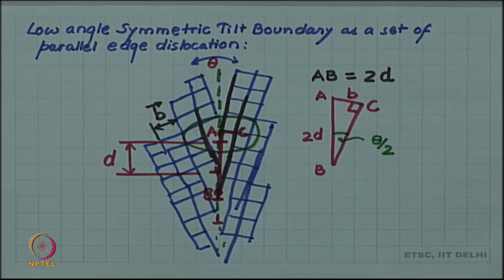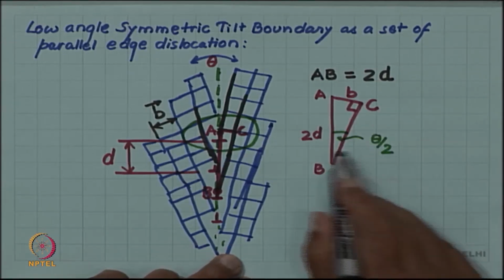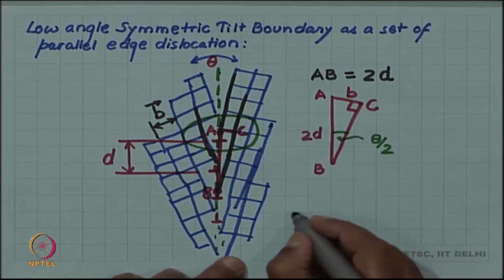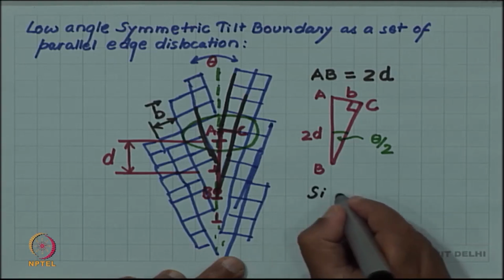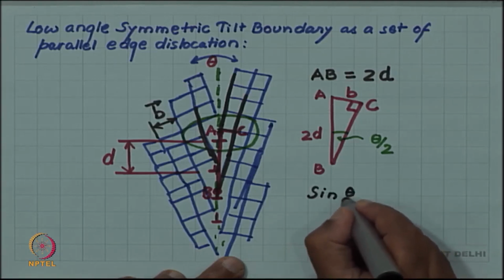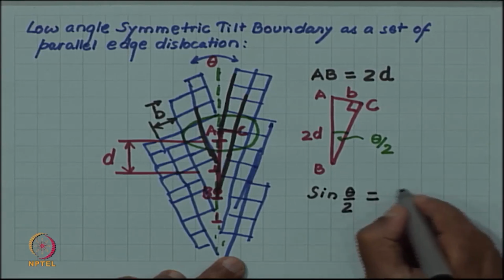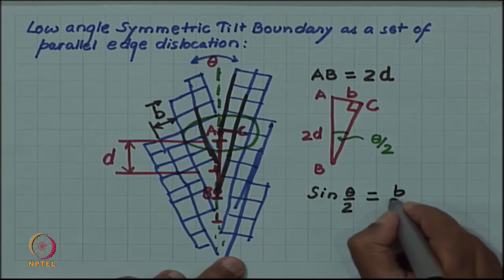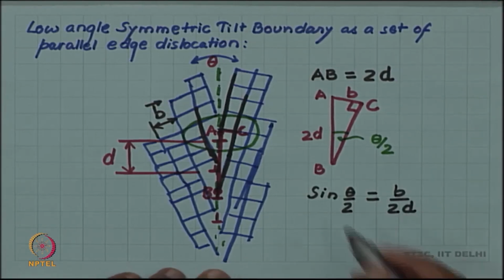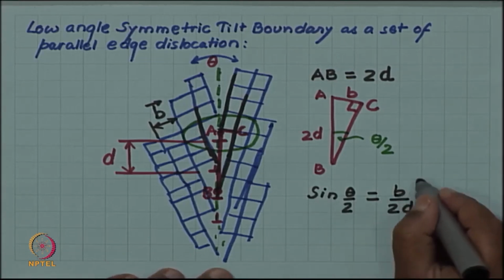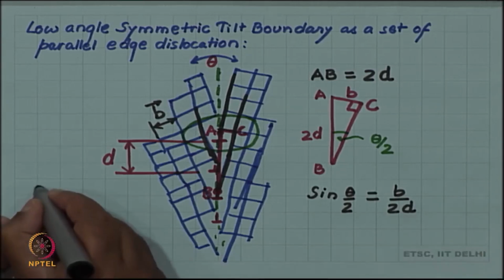Then we have a nice simple relationship you can easily write, because I have a right angle triangle with the angles and the distances defined. So, I can write sin(theta/2) as b by 2D. So, this simple relationship between the grain boundary, the dislocation separation, let me write it out.